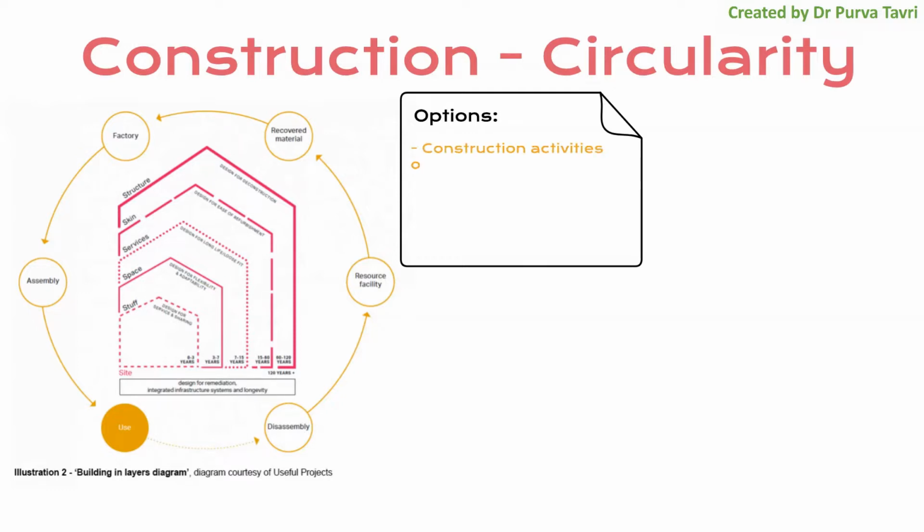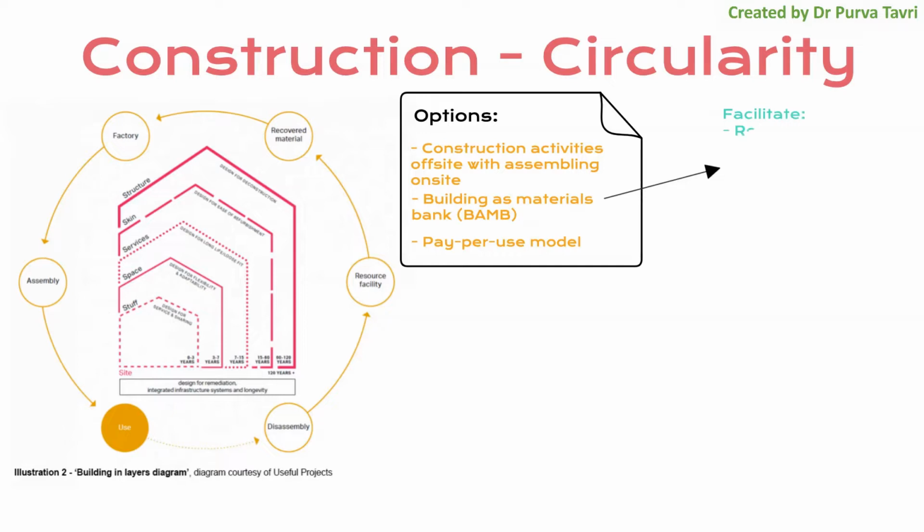The options could include construction activities off-site with assembling on-site, creating the building as a materials bank through material passporting or inventory, applying a pay-per-use model. BAM in the long run will facilitate remanufacturing, reverse logistics, eliminate waste and enhance the reuse and repair market.